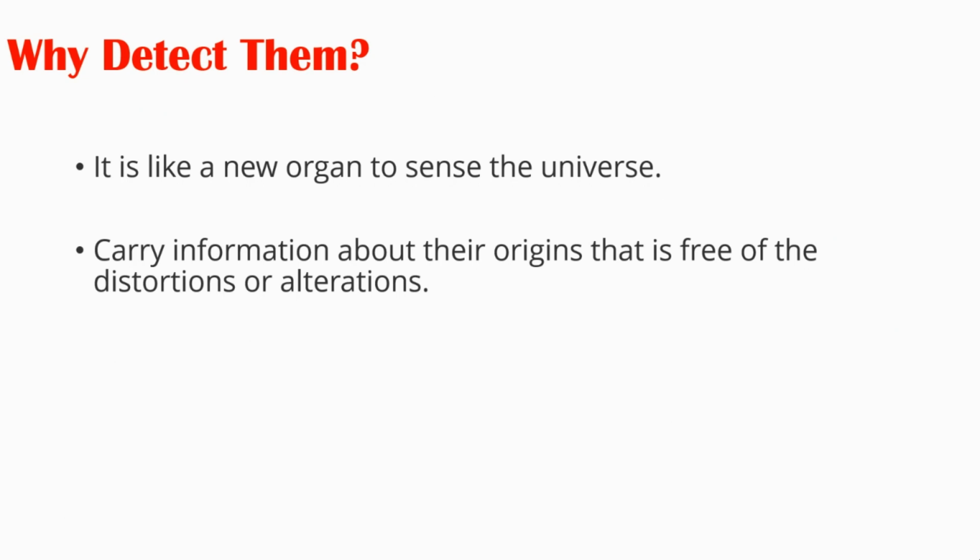My second point is that it carries information about its origins free of distortion and alteration. That means when gravitational waves travel, they have no distortion at all because they travel through spacetime itself. So there's nothing to distort its signals.